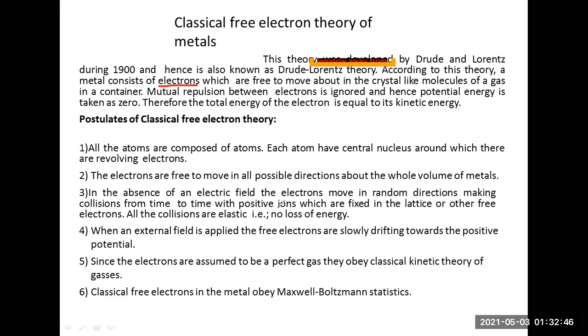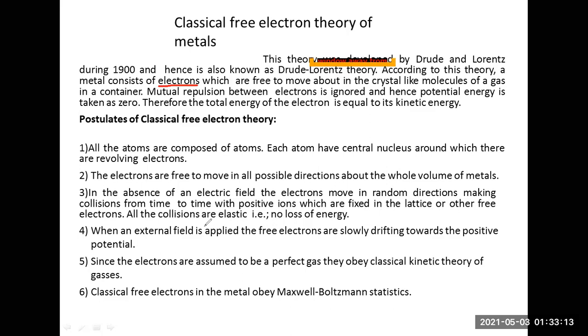The positive ions are fixed in the lattice, as we discussed in the last chapter, unit 1, chapter 1, where the atoms reside at particular fixed points and definitely have a positive charge. All the collisions with the fixed ions and with other free electrons are elastic.